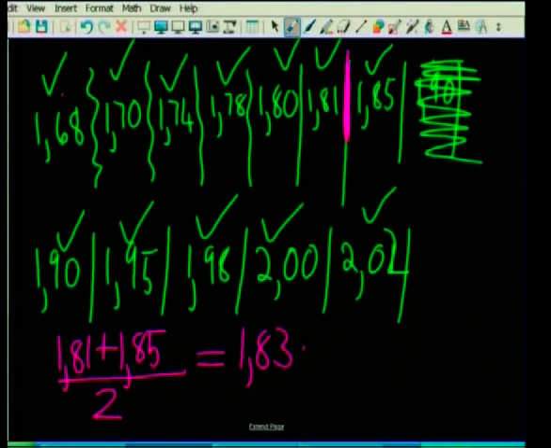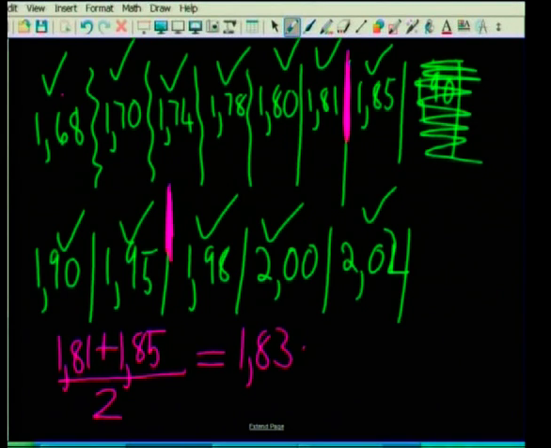I now need to do the same at the upper half of my data, 3 data pieces on each side. 1,95 plus 1,98, so there's a difference of 3, so that's going to be 1,96,5.